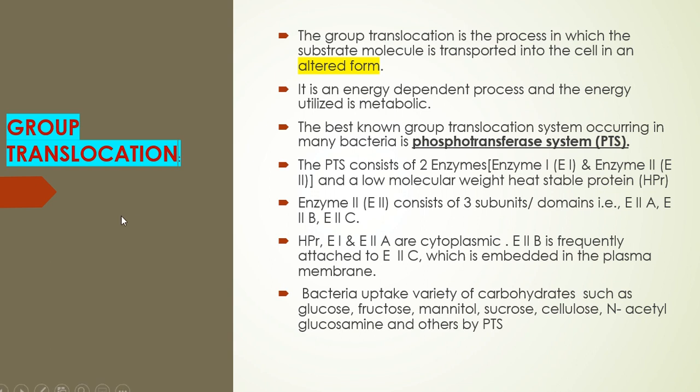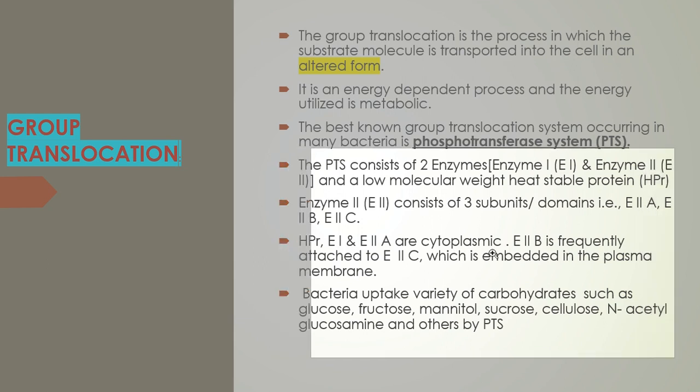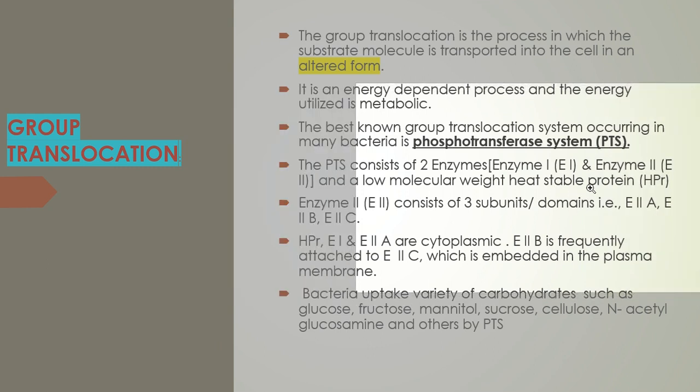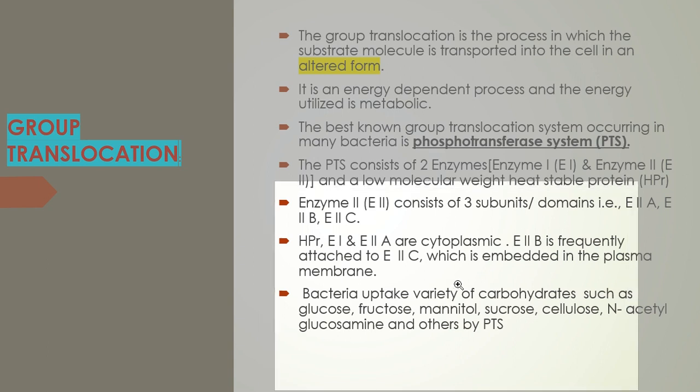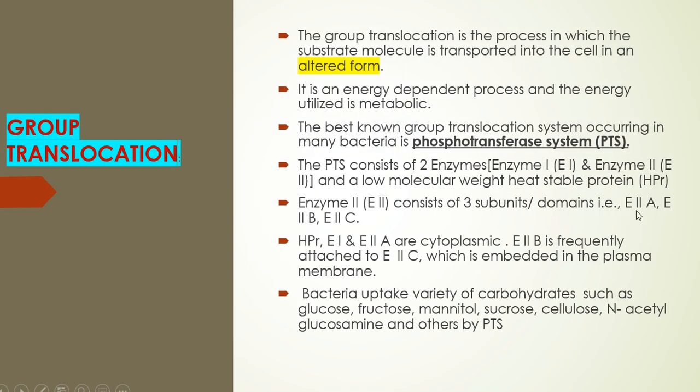Remember, in the PTS system we have three components in which two are enzymes, enzyme 1 and enzyme 2, and a low molecular weight heat stable protein, that is HPr. And this enzyme 2 again has three subunits, that is enzyme 2A, enzyme 2B and enzyme 2C.